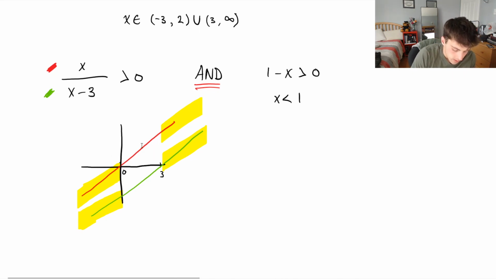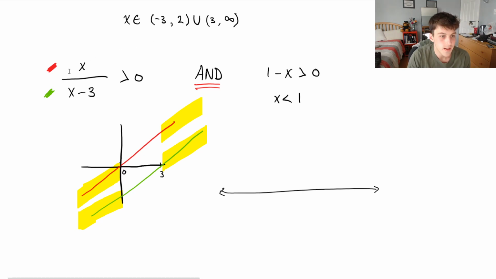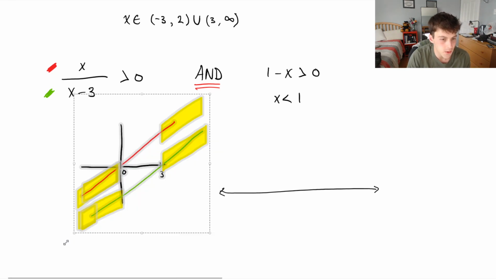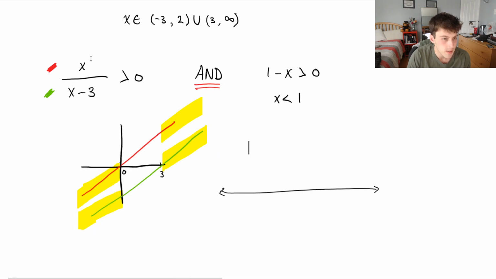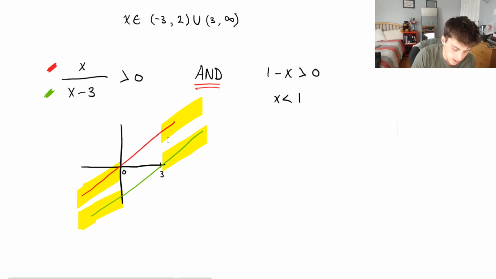Okay. So let's draw a number line here. I'm going to draw a number line because remember, these two highlighted areas satisfy this inequality, but they need to also satisfy this inequality, right? So x has to be less than 1. Actually, it's probably easier without a number line. I think that might make things a little blurry.